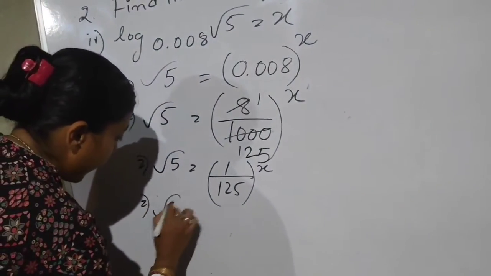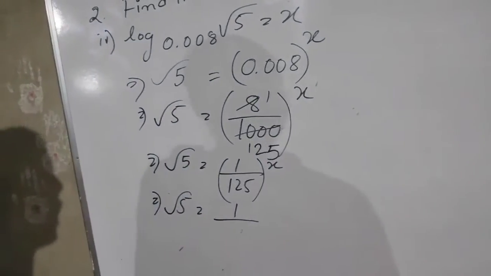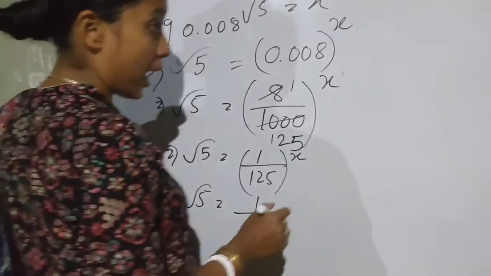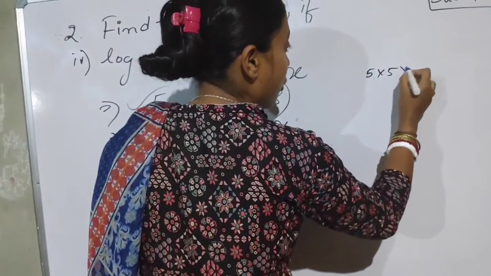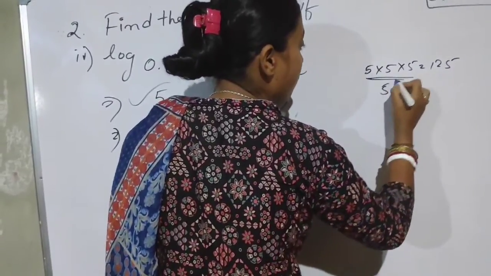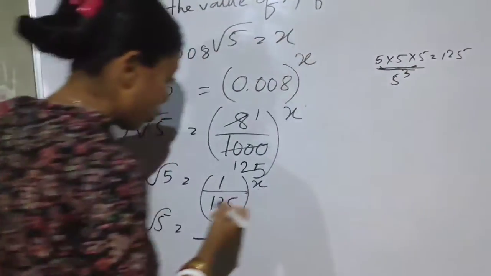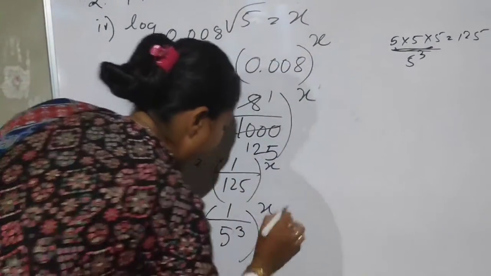So now you see again 1 divided by 125. We have the cube of 125, right? Which cube? 5 cube. 5 fives are 25 and 25 fives are 125. So 125 we can write as 5 cube, to the power x.